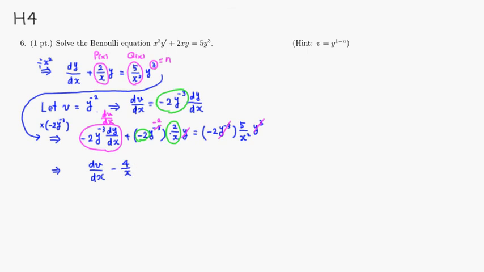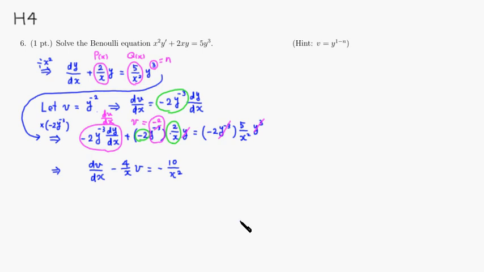Then luckily you see that y to the negative 2 is the substitution, so this is actually the same thing as v. So we have a v here. This is equal to, and all the y's are gone on the right-hand side, negative 10 over x squared.